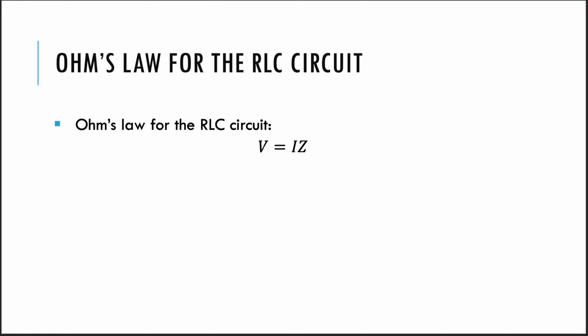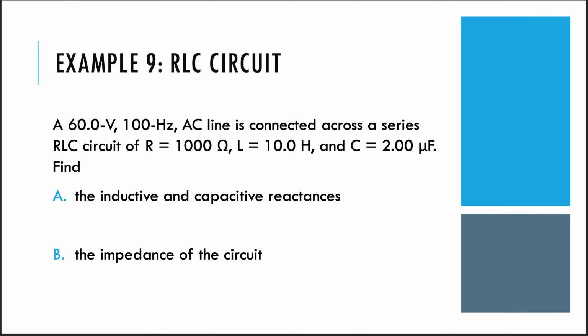So we can use Ohm's law for the RLC circuit, V equals IZ. If we know the voltage and the impedance of the whole circuit, then we can find the current through the circuit. So just think of the impedance as a resistance for the whole circuit. Let's go ahead and do an example. We have a 60 volt, 100 hertz AC line connected across a series RLC circuit.